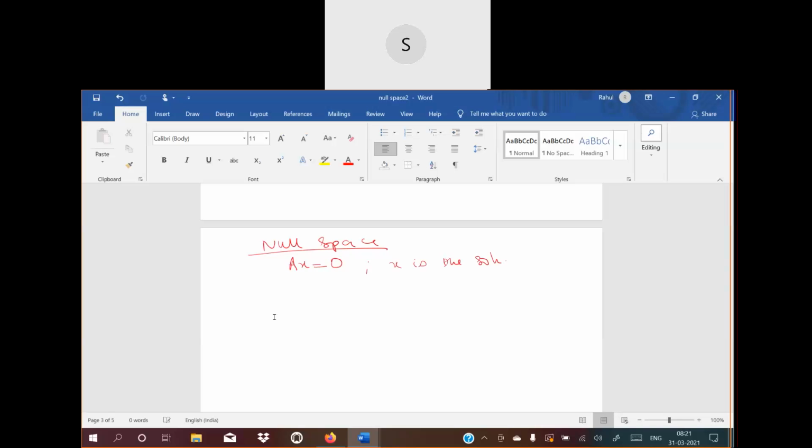Now I have the same matrix A. Can you reduce this A matrix into row reduced echelon form, RREF?